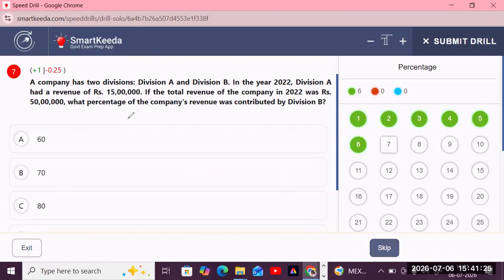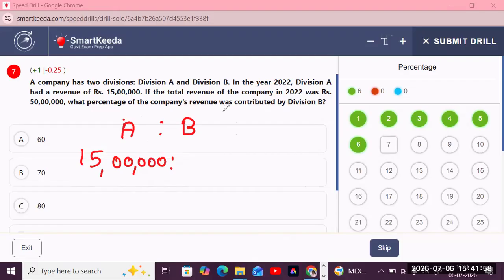The company has two divisions, division A and B. In the year 2020, division A had a revenue of 15 lakh.